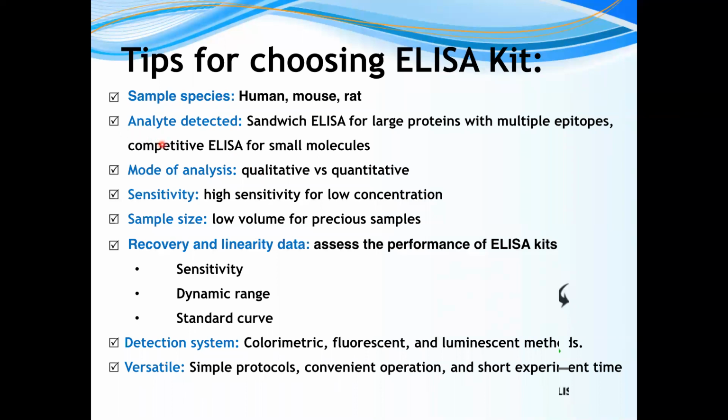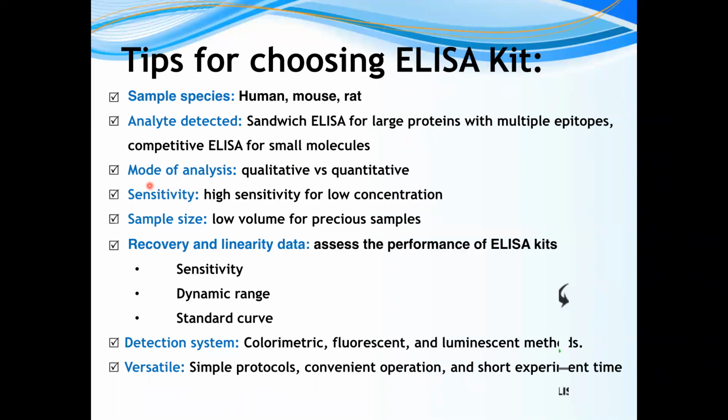As I already mentioned, different formats of ELISA kits are available in the market. So we need to understand which format is suitable for which kind of samples. Sandwich ELISA kit is generally suitable for detecting large proteins with multiple epitopes, such as cytokines. However, a competitive ELISA kit is appropriate for detecting small molecules like hapten.